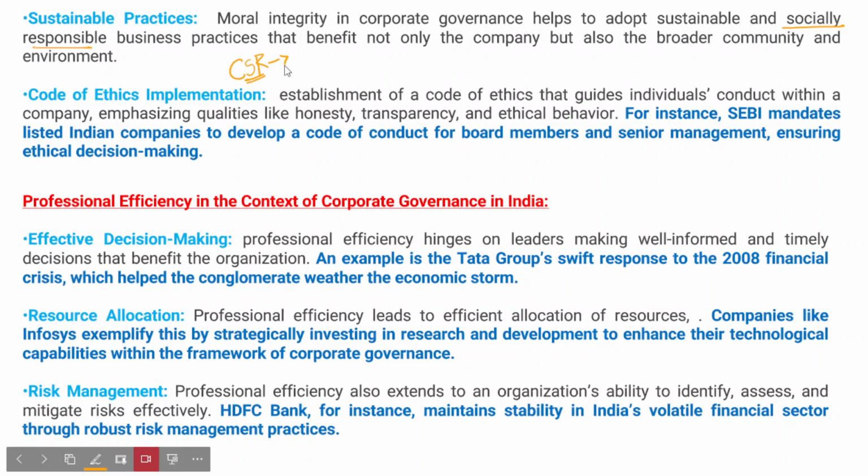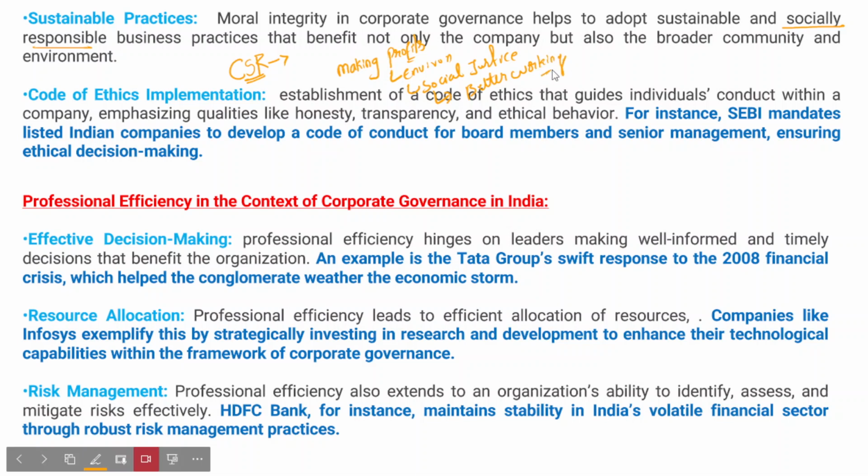Responsible globalization means it is not just for making profits, but it also takes into account concerns related to the environment and social justice, and also takes measures for better working conditions of employees.